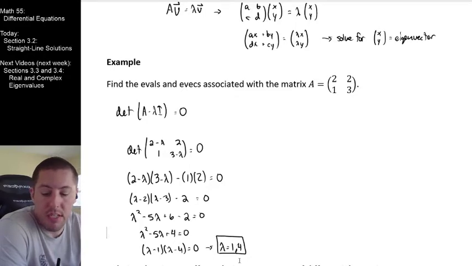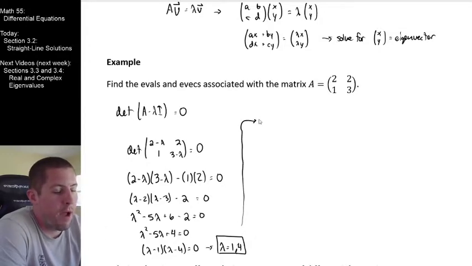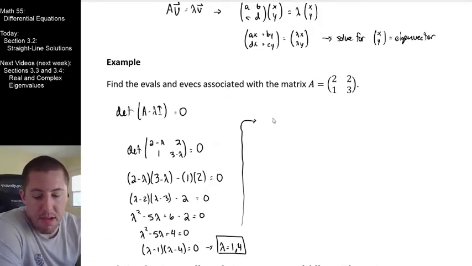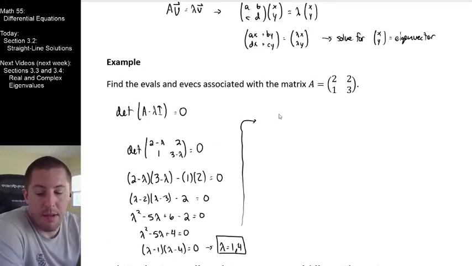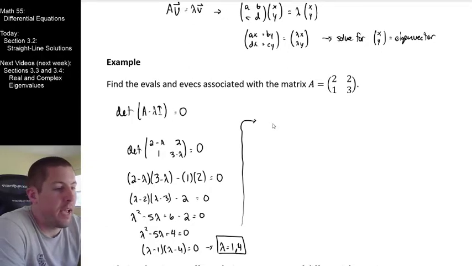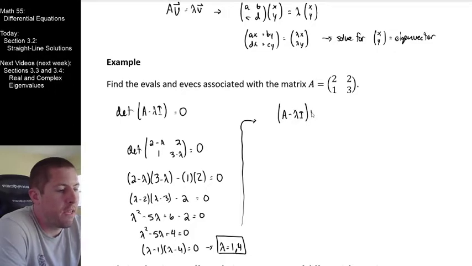What I'm now interested in identifying is the associated eigenvectors that go along with these. So now let's find their eigenvectors. One by one, we're going to come back to our AV equals lambda V equation. What I'm interested in doing now is saying A minus lambda I times V equals 0.